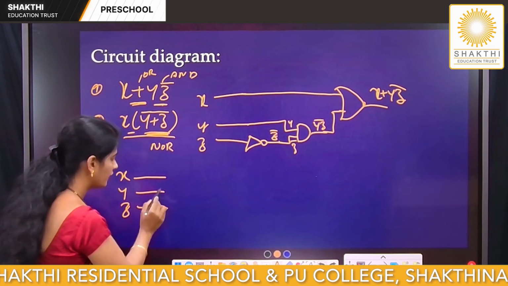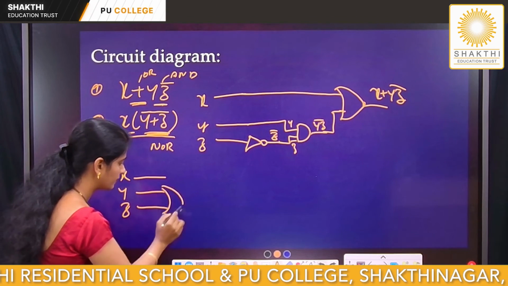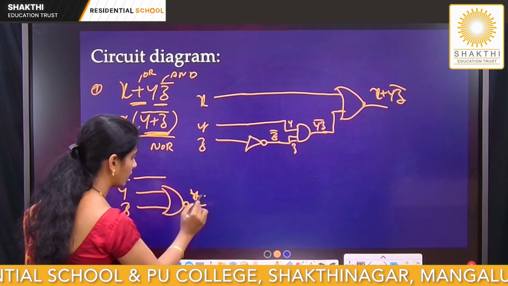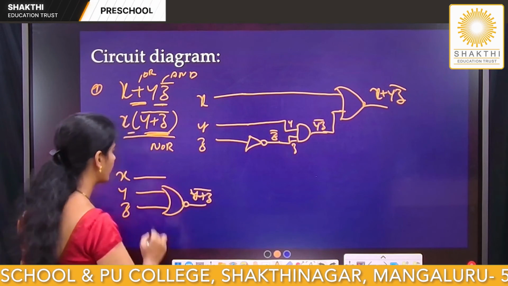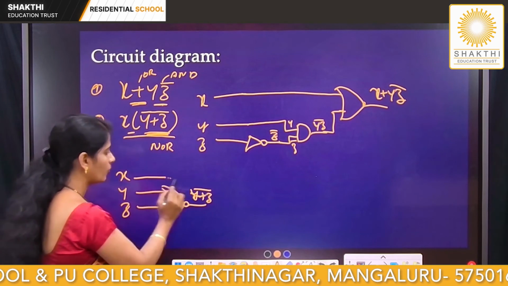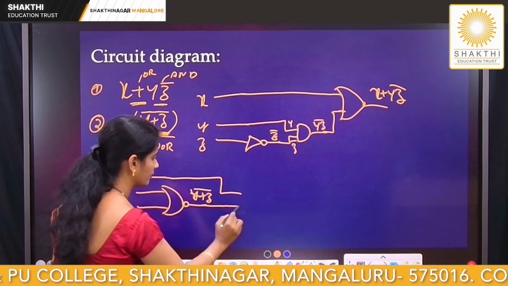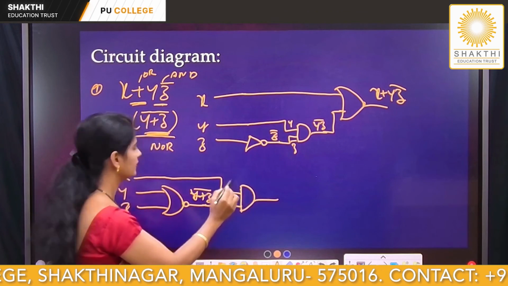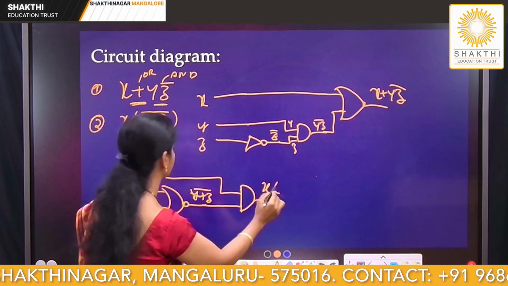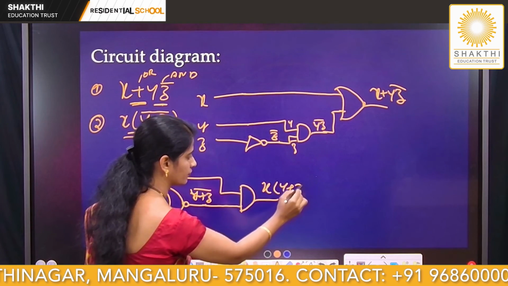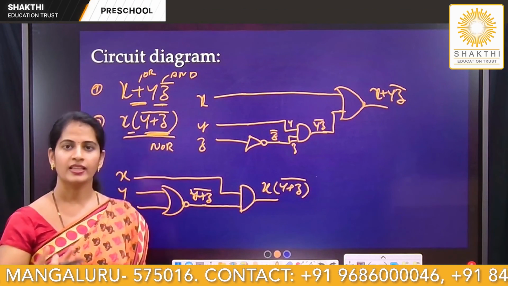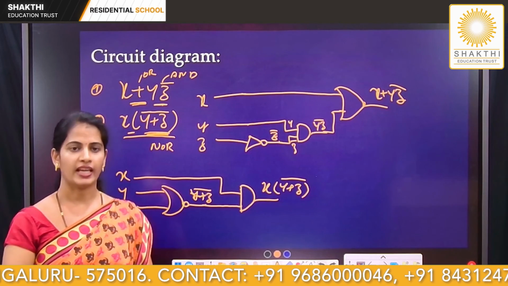You have a NOR gate here which will give you Y plus Z whole bar, and you need an AND operation. So the output produced is X times Y plus Z whole bar. Like this you can design circuit diagrams for any expressions.